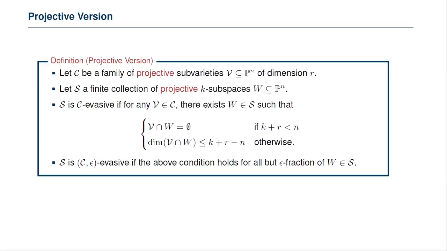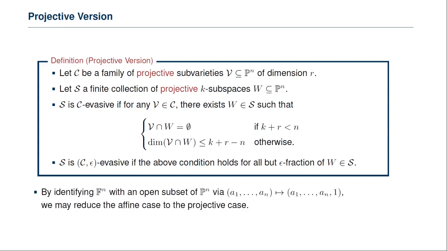We may also consider a projective version of variety evasive subspace families. And this definition is just like before, except that we are working on an n-dimensional projective space. And the affine varieties are replaced by projective varieties, and affine subspaces are replaced by projective subspaces.